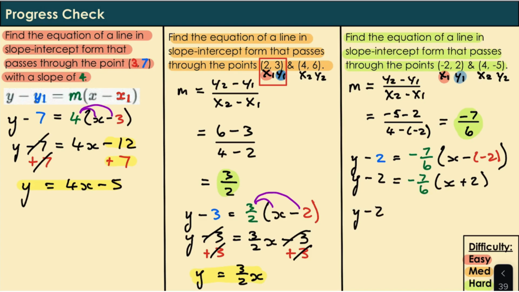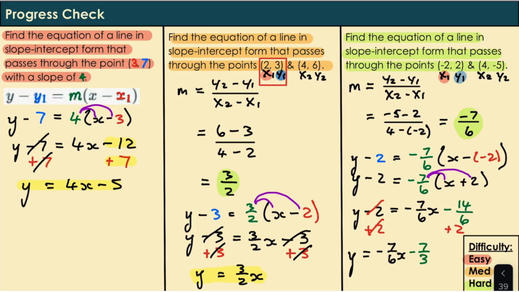I have y minus 2 equals 2. Negative 7 over 6 times x is negative 7 over 6x. Negative 7 over 6 multiplied by 2, negative 14 over 6. Now we need to add 2 on both sides. So I add 2 on that side, and I add 2 on the right-hand side. The negative 2 cancels with the positive 2. y will equal negative 7 over 6x minus 7 over 3.